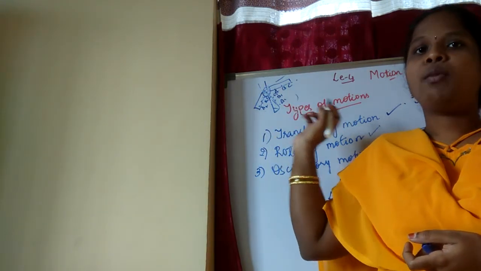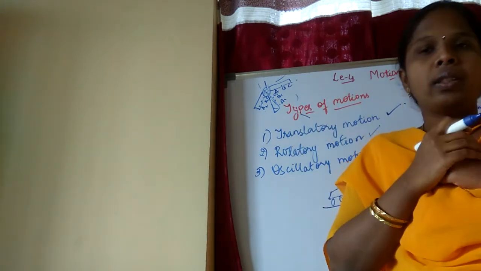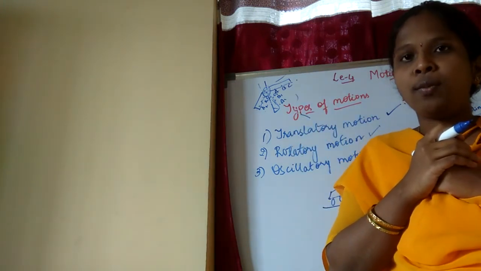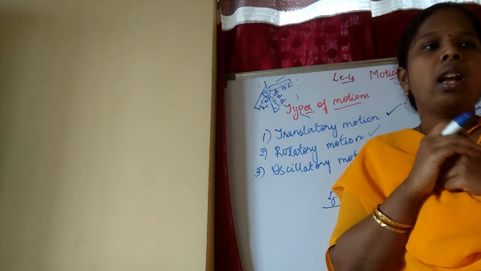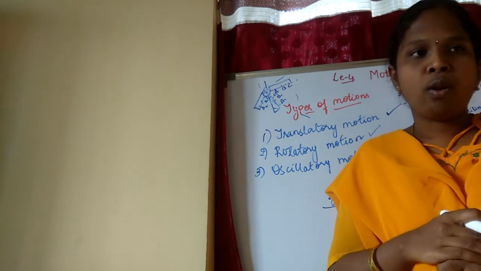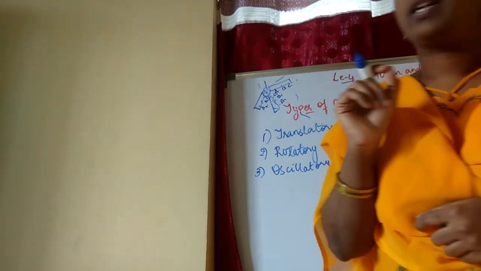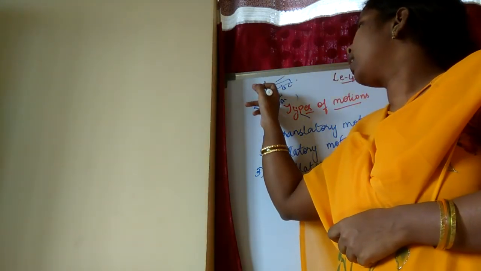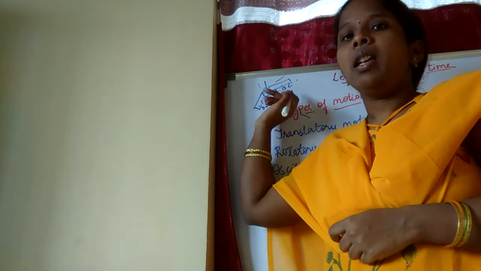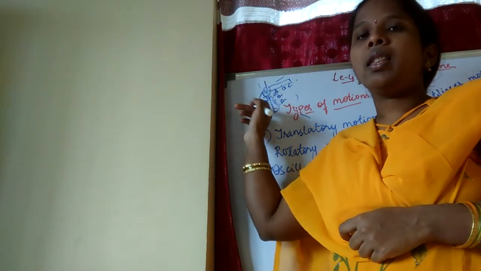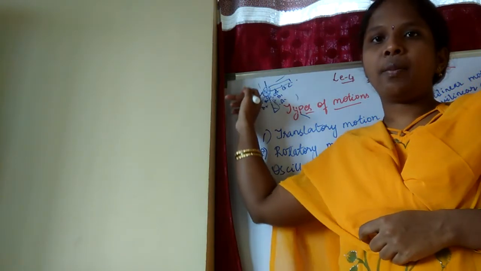So if the motion is said to be rotatory motion, then all the particles of a moving body follow a circular path with respect to the fixed center.